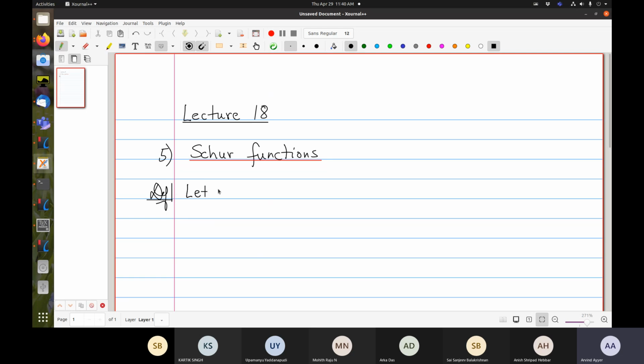So let lambda be a partition of n, a semi-standard tableau. So I have defined standard tableau before, maybe in the first week or so. So this is a generalization of that.